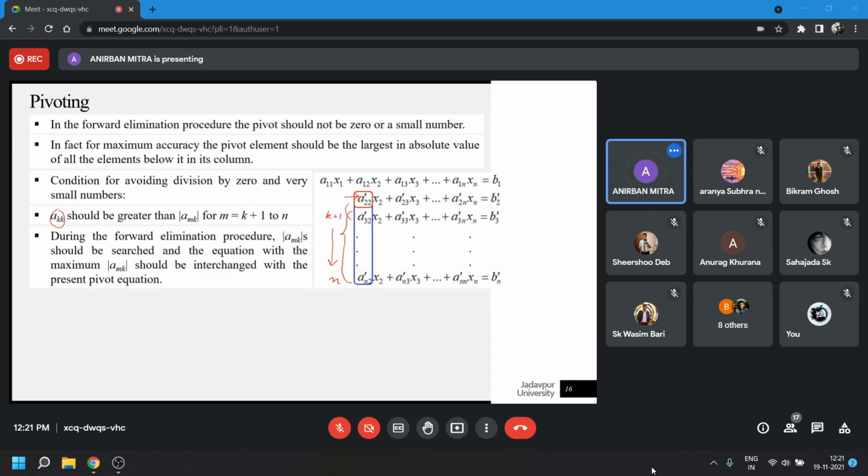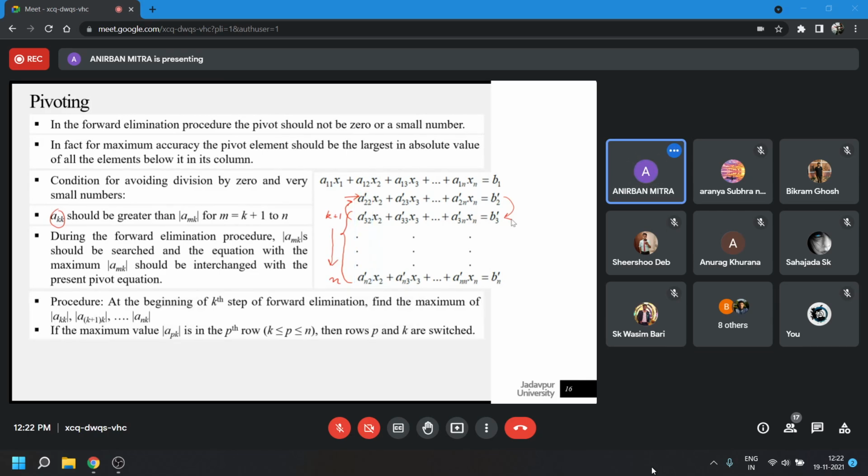That means we'll move it here and bring it down here. A simple interchange between the two equations. And that is not going to change the system. The order of the equations is not a matter, so the solution would remain the same.